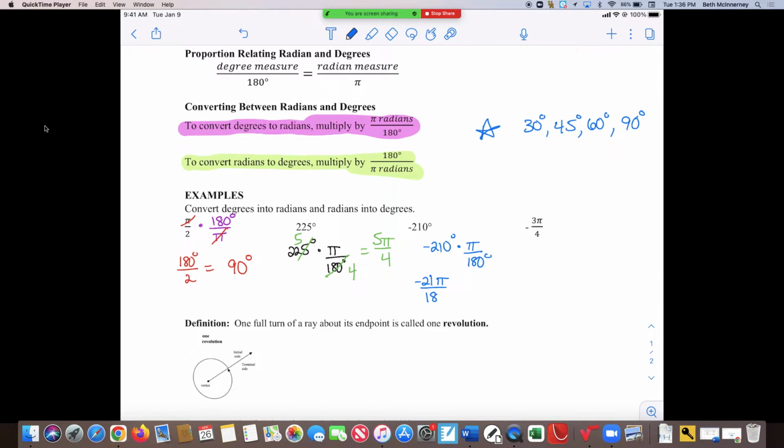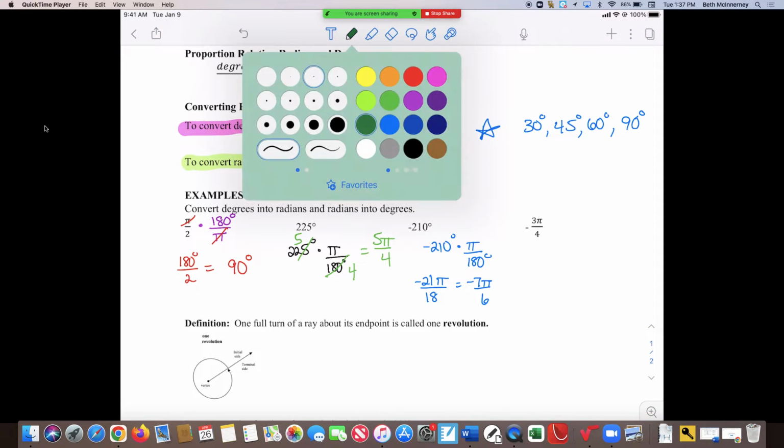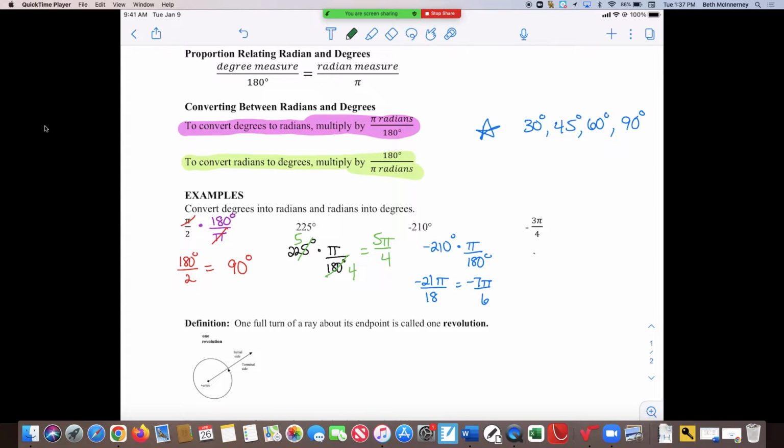Then 21 and 18, what is the biggest number that goes into both of those? 3, right? Okay. So 3 goes into 21 7 times, and 3 goes into 18 how many times? 6. All right. This is not too bad. Negative 3 pi over 4.